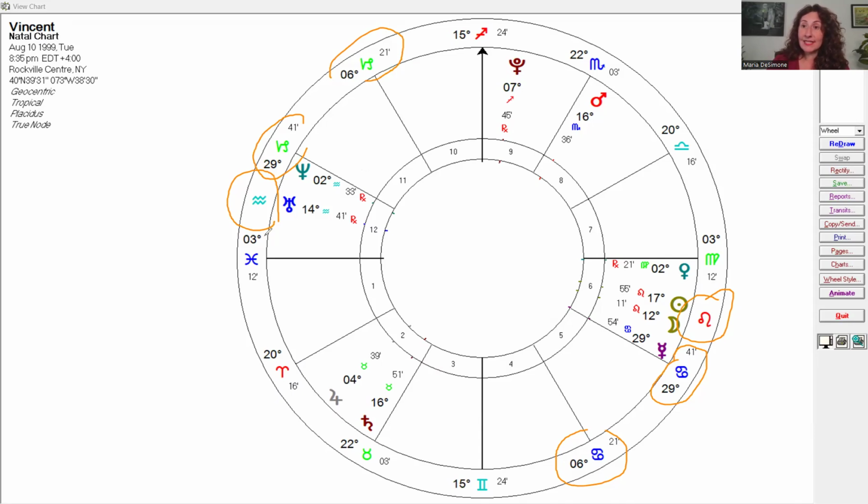His first house or ascendant doesn't begin until 3 degrees and change of Pisces. So Aquarius is intercepted in this horoscope. On the opposite end here, Leo is intercepted. All 30 degrees of Leo are intercepted because that 7th house cusp doesn't begin until 3 degrees of Virgo. So now you have a visual of an interception.